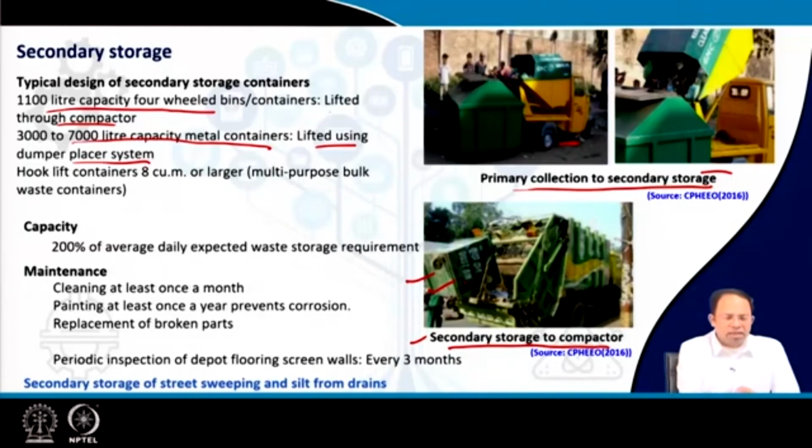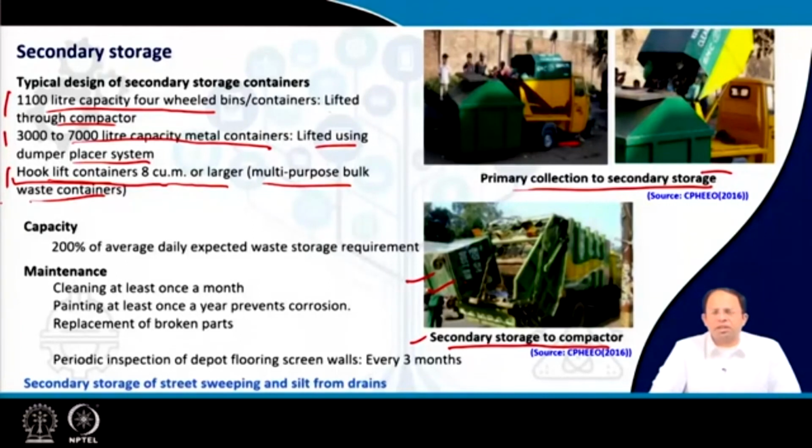It could be used by this dumper placer system, or sometimes even a hook lift container of 8 cubic meter or larger, which are multi-purpose bulk waste containers, which we can lift using the hook lift mechanism. So these are different designs of waste containers for secondary storage, which could be adopted as per the requirement or the collection mechanisms of that particular area.